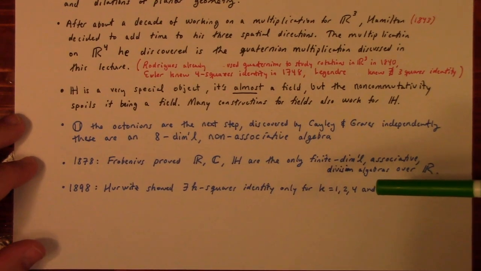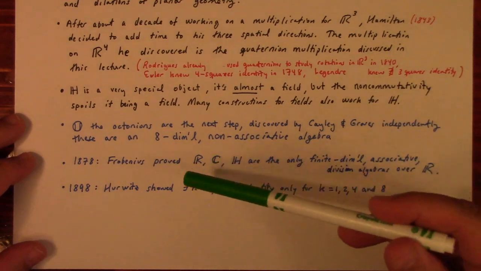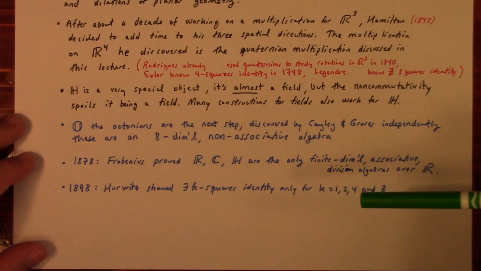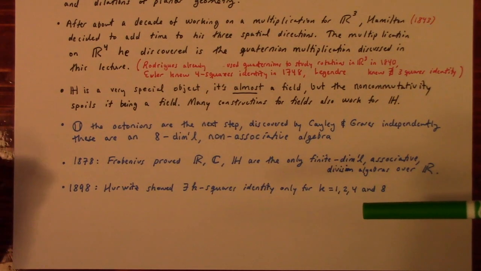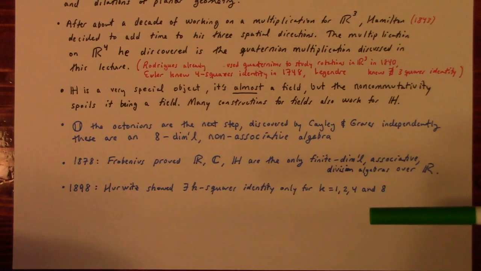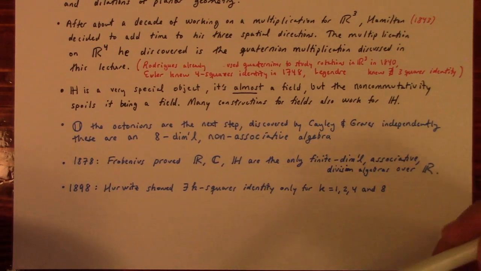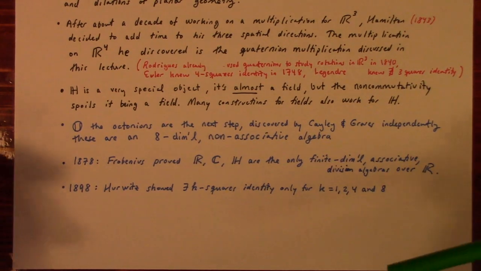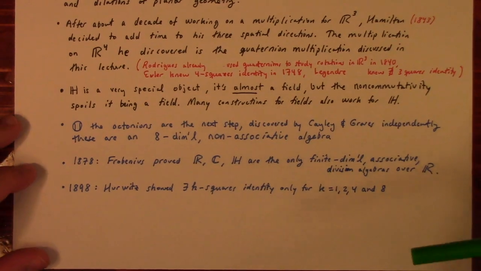Normed division algebras are those which have a multiplicative norm. The multiplicative property of the norm is the sum of squares identity, as we saw in this lecture.